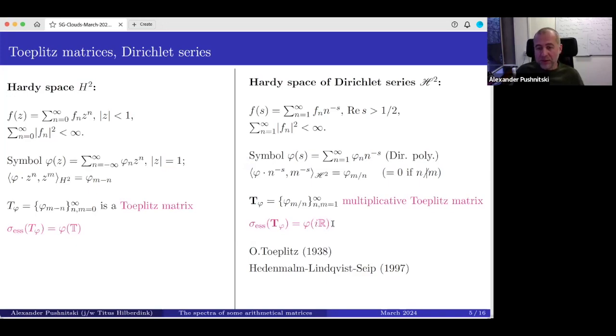So the origin of this subject actually goes back to the paper by Toeplitz himself. He published this paper, I think it was his last paper maybe, or it was at least a year before he died, but it was well forgotten by the community. And then the subject was rediscovered by Hedenmalm, Lindqvist, and Seip in 1997.